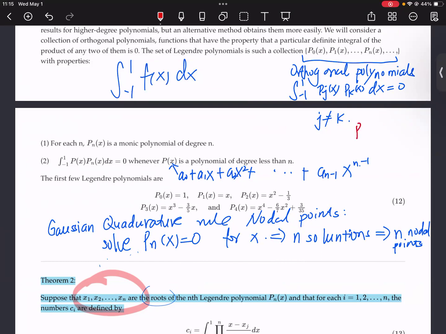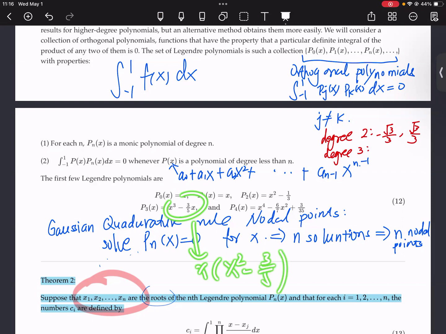If we solve P2(x) equals 0, we get the square root of 3 over 3 and negative square root of 3 over 3. When the degree equals 3, you will see this can be factorized as x times (x squared minus 3 over 5).